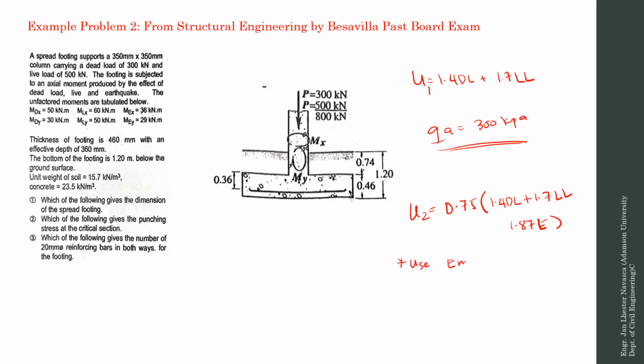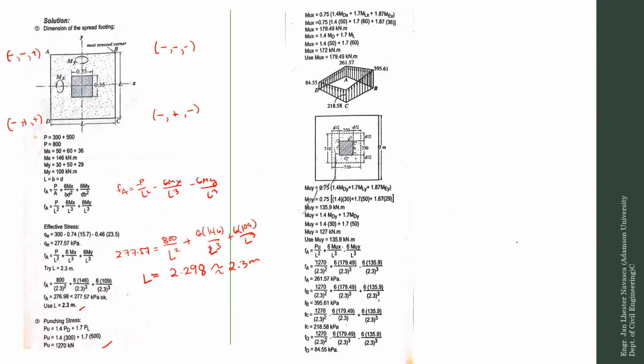envelope method. Enveloping. Okay, so ibig sabihin kapag we use enveloping, we will get the maximum of each load combination. So kukunin mo yung mga maximum on each load combination. So automatically yung sa point load mas malaki na yung 1.4, 1.7 live load. Kahit hindi mo na i-solve yung isang load combination, ito na yung malaking mag-govern. However, for the case of moments, we need to check. So for the load combination na U2, ito yung values, and load combination na U1, ito yung values.